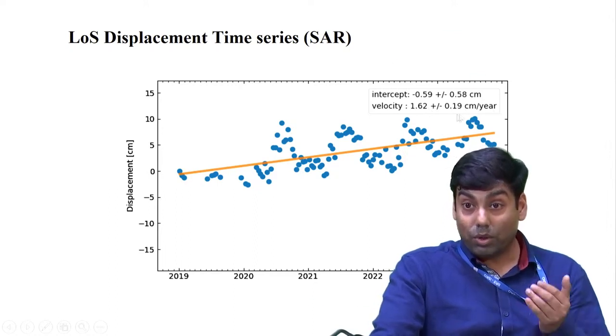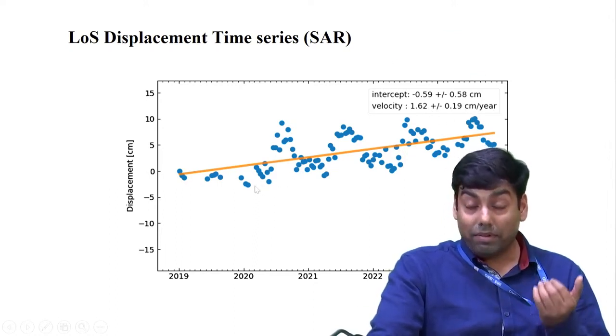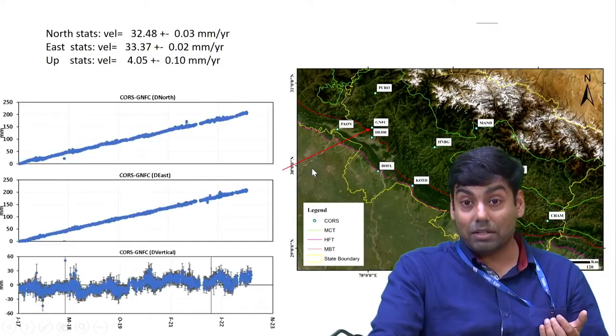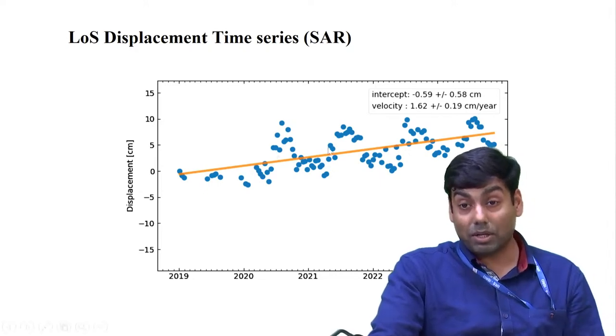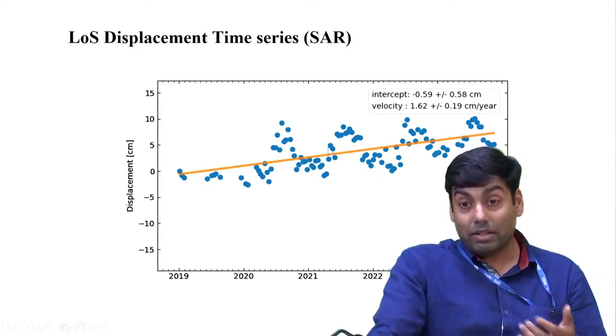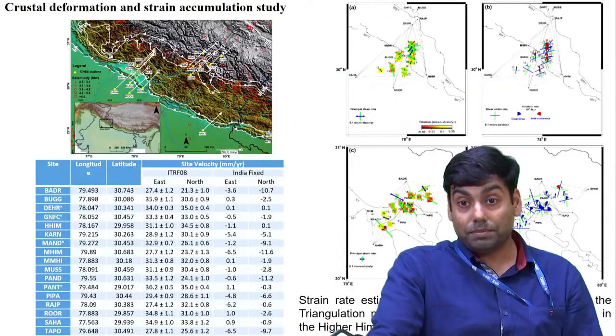The value is a little bit high, but if we see this trend and this trend, both have correlation. It means SAR is also helpful in giving this good information.